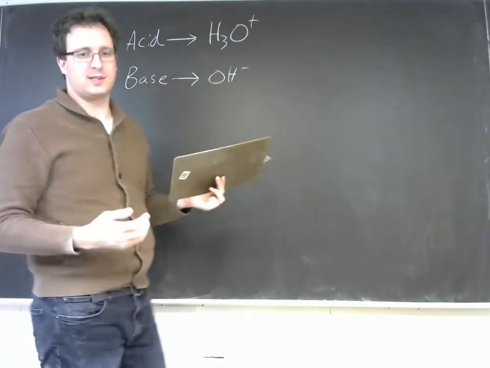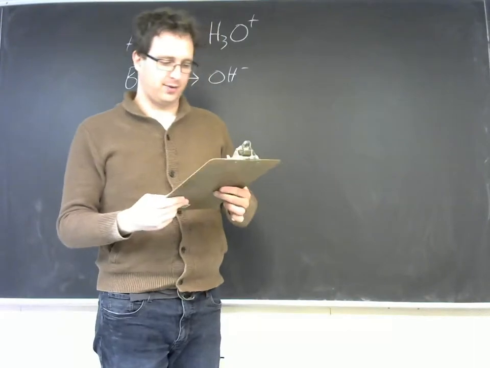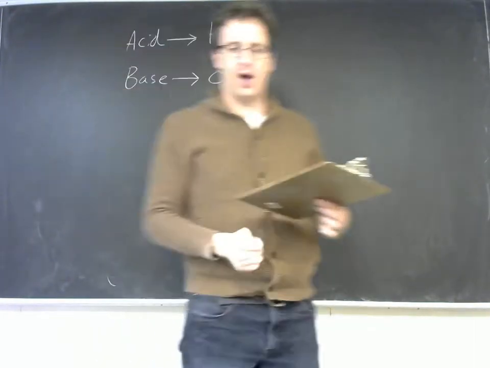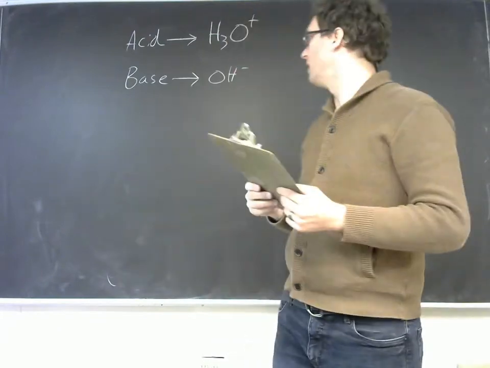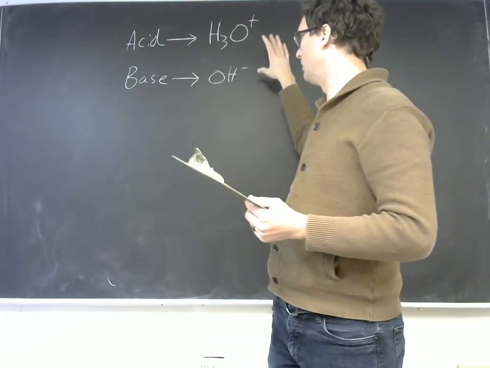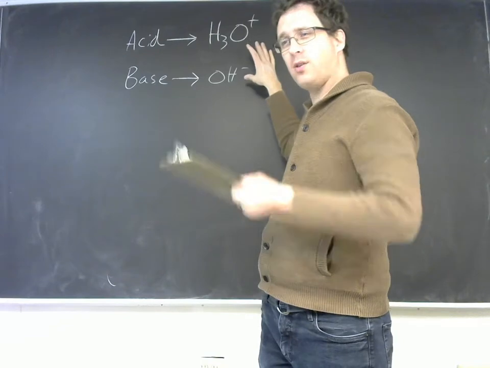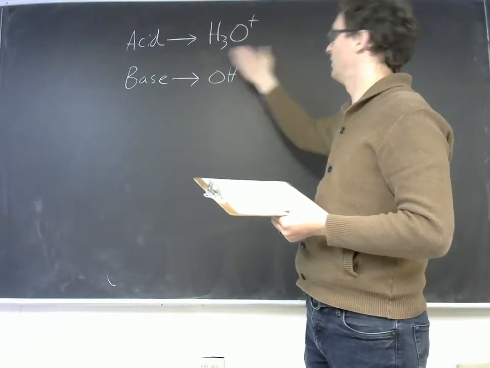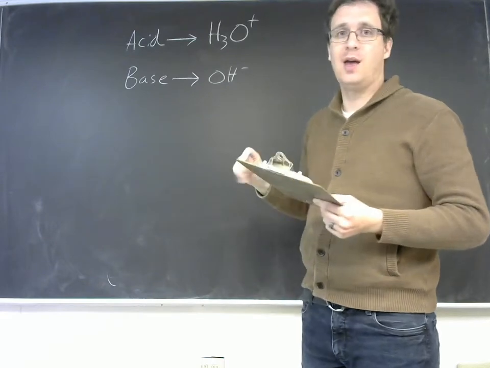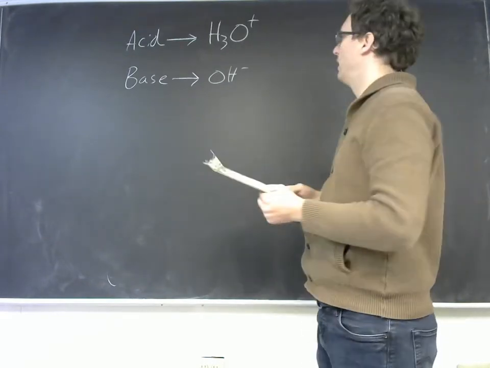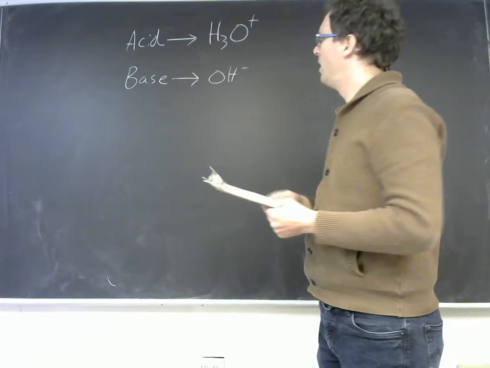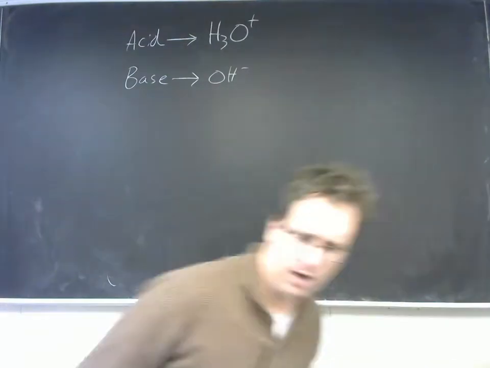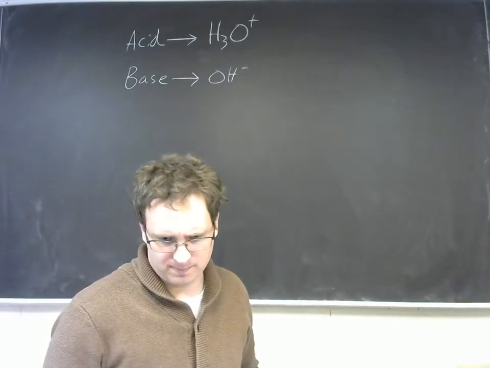Again, we'll see that quantitatively, the relationship between H3O+ and OH-, a little bit later as well. All the diverse acids that you have are going to have the same effect in the end. They're going to produce hydronium in solution. And all the different bases that you can find in the chemical stockroom are going to have the same effect. They're going to produce OH- in aqueous solution.